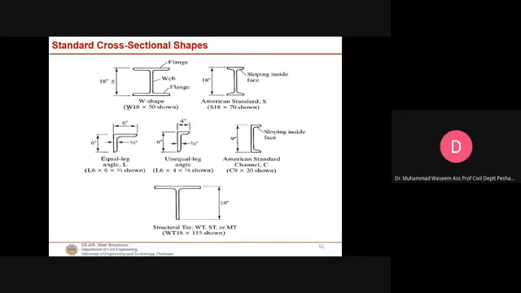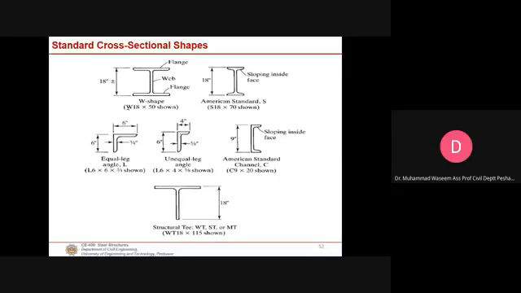Now there are other definite shapes, we call them angles. There are two types of angles you will see. One we call equal leg angle, the other we call unequal leg angle. In an equal leg angle, these are the legs, designated with the letter L, and it is 6 cross 6. 6 means 6 inches length of the first leg, 6 inches the length of the second leg, and 3/4 means the thickness of this angle.